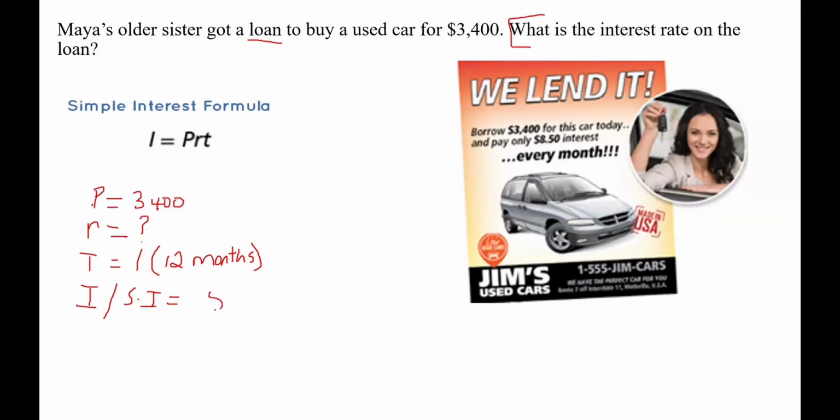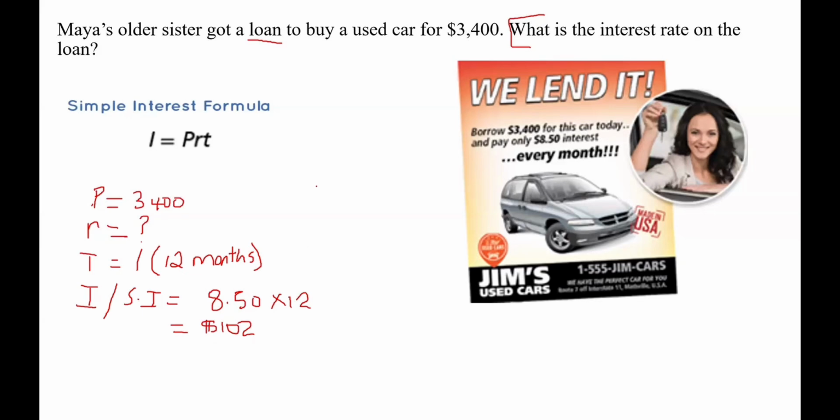So to know how much she paid for the year, because there are 12 months in 1 year, we need to multiply $8.50 times 12, which is equal to $102. So the interest she paid on the money that she borrowed was $102.